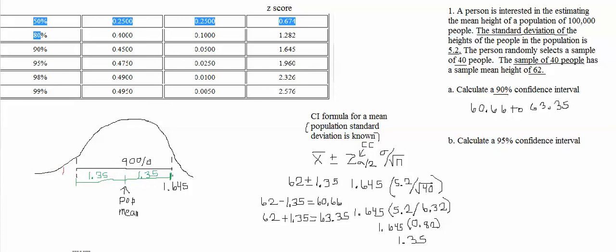If this sample that we're talking about with the mean height of 62 is in the upper tail, meaning if that sample is one of the upper 10%, then the margin of error will come up short when you add and subtract, and the entire confidence interval will be above the population mean.